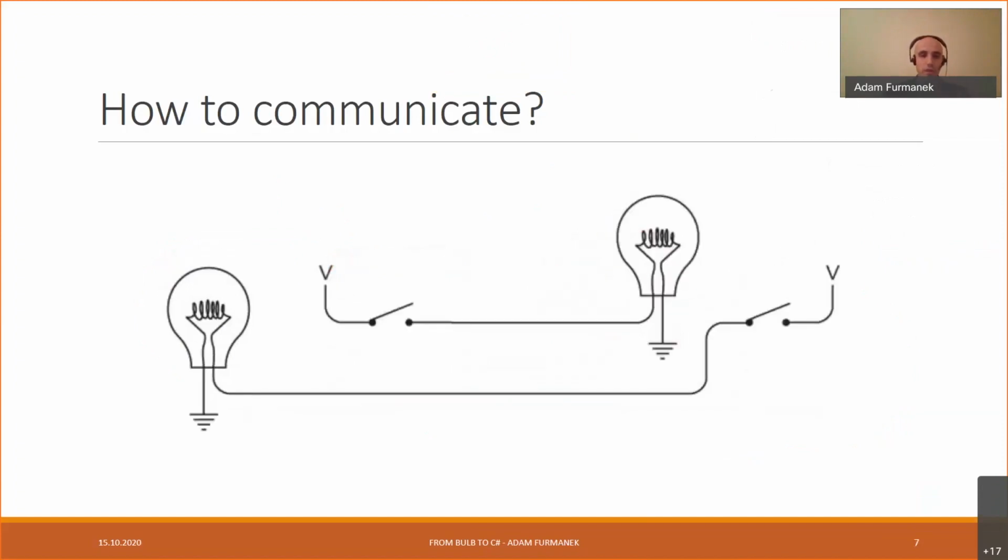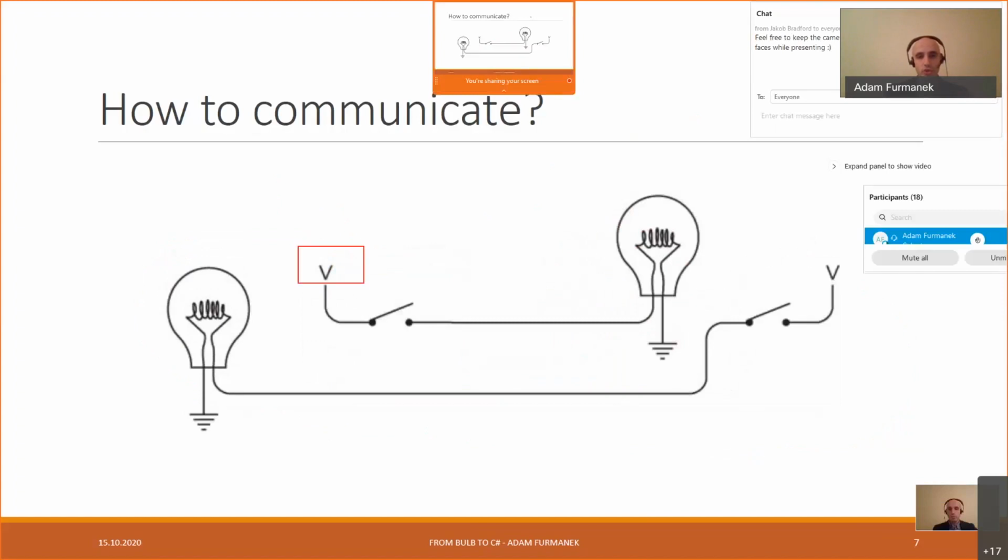So what we do is we indicate the source of the voltage as this letter V, and also we indicate the other side of the wire as being ground. You could physically connect this wire from your place to the place of your friend's home just by using a very big physical pole, which would be physically in the ground.